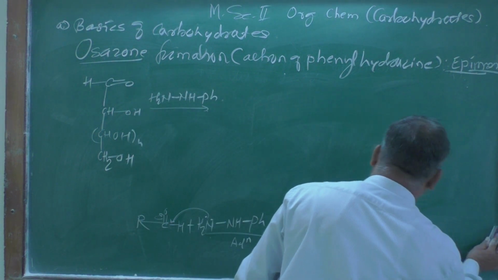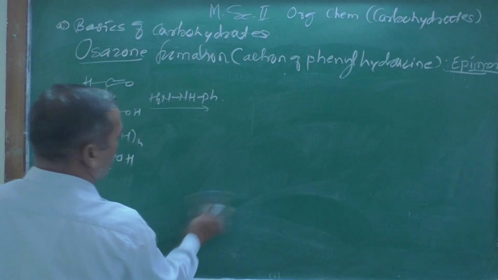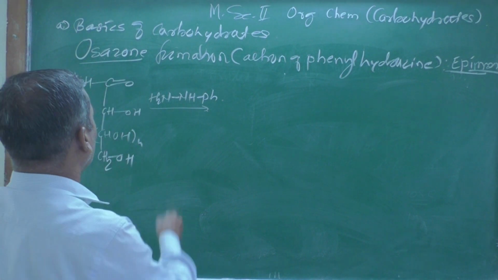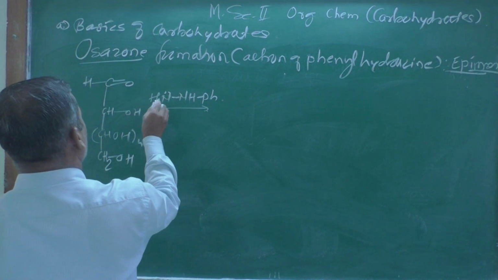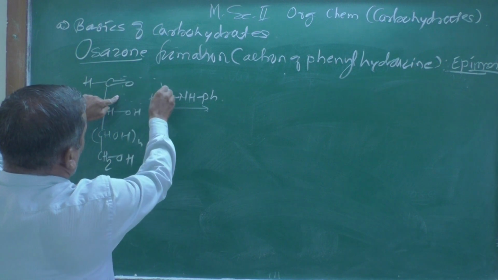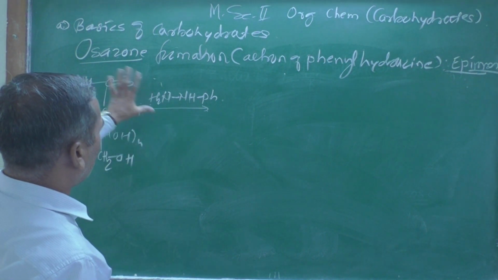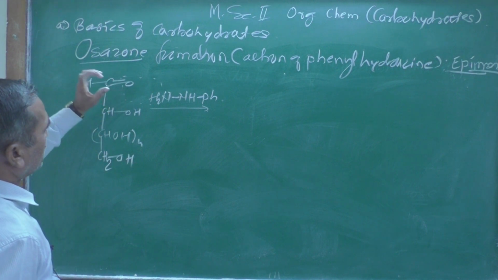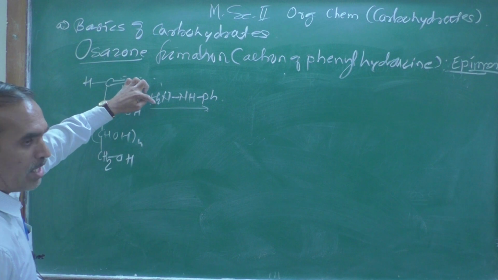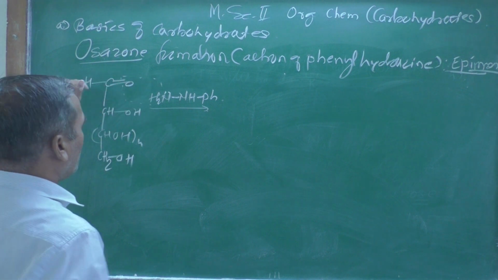And now I am writing it directly for glucose. What kind of product do you get? One oxygen from here and two hydrogens from here: the simplest way to represent this is the elimination of a water molecule.